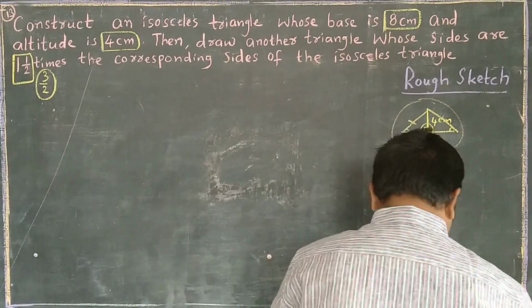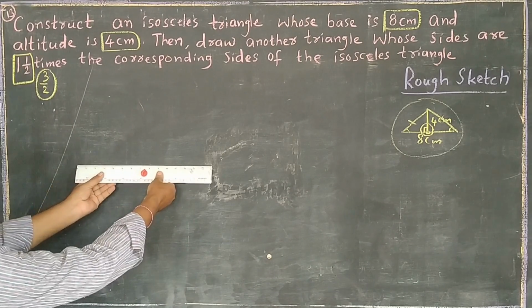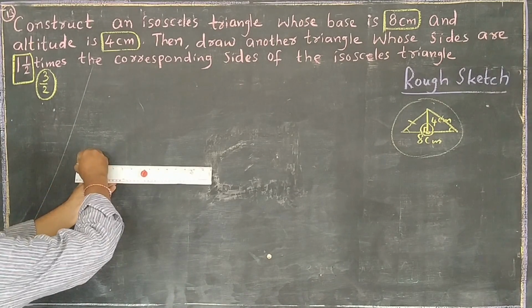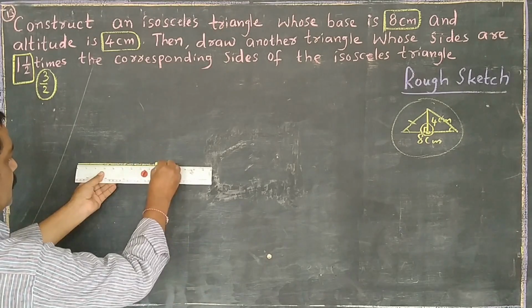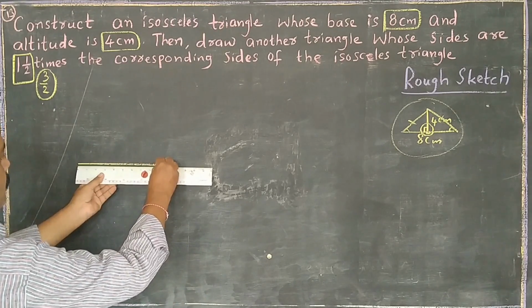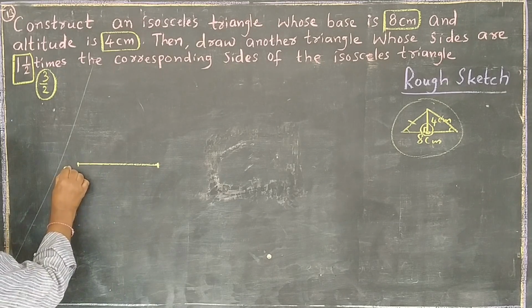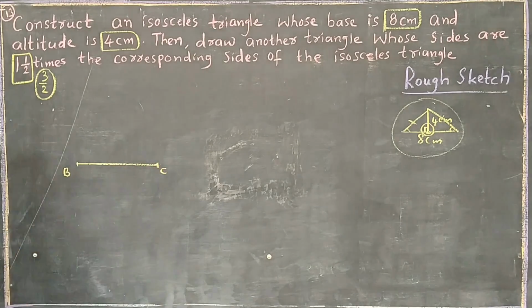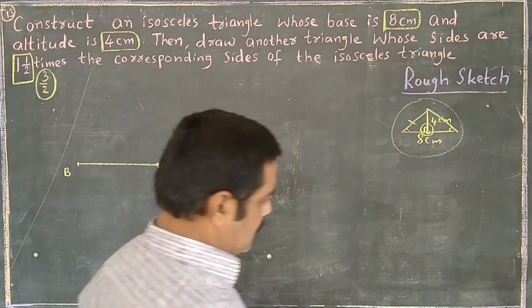Then we can easily construct the triangle. First, I am going to construct the 8 centimeters line. This is the base, which is 8 centimeters, and I am taking the base as BC. Base drawn, and next draw the perpendicular bisector line.